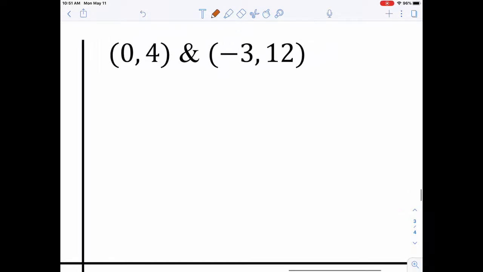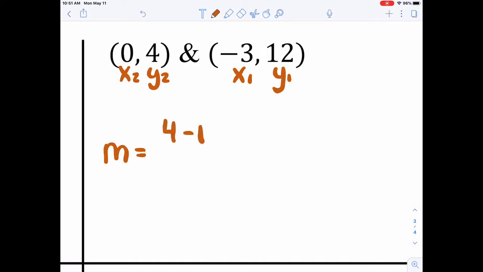Okay. Moving on to the next one here. Instead of doing my x1, y1 on the left, I'm going to go ahead and do it over here on the right, just to switch things up so you can see that it should work both ways. So I'm going to go ahead and do my slope is equal to y2 minus y1, so my 4 minus 12, all over my change in x.